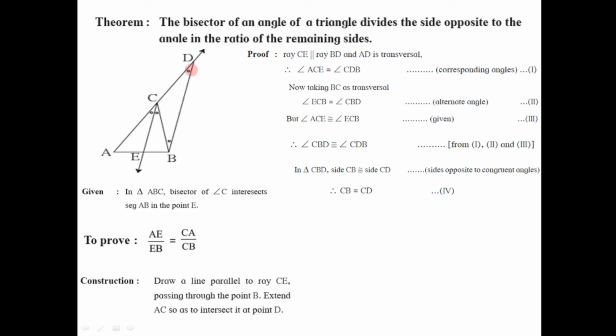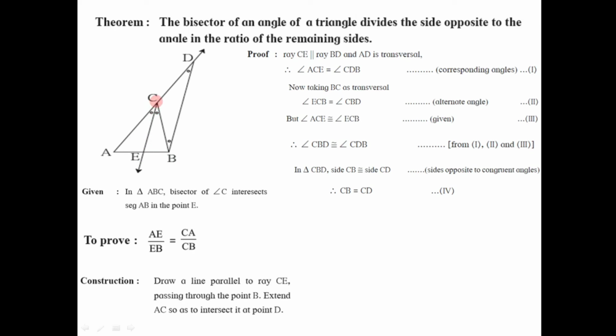Now consider triangle ABD. For this triangle, CE is parallel to BD as we have done in the construction. So we can use the basic proportionality theorem. By the basic proportionality theorem, if in a triangle a line is parallel to one side and divides the remaining two sides at two distinct points, then that line divides those two sides in proportion.